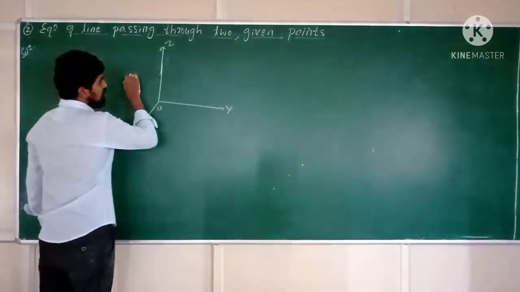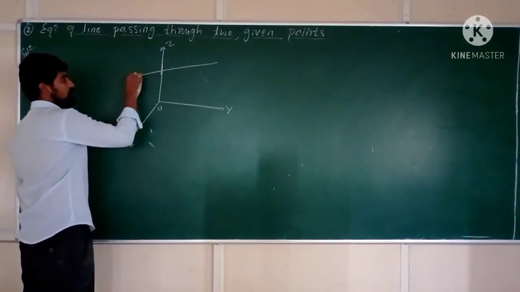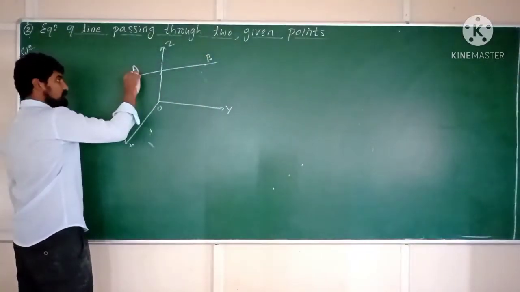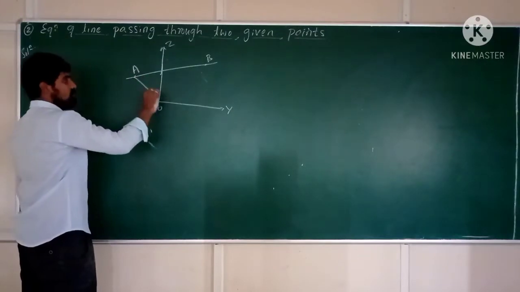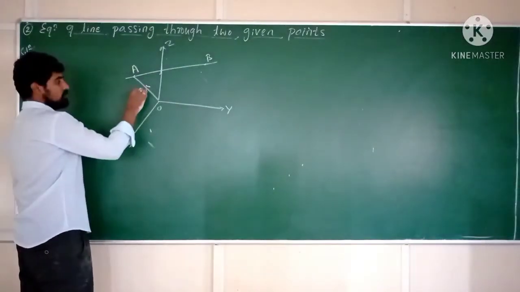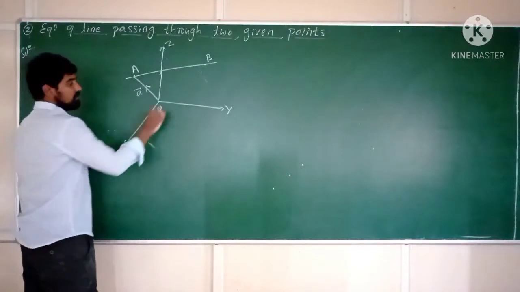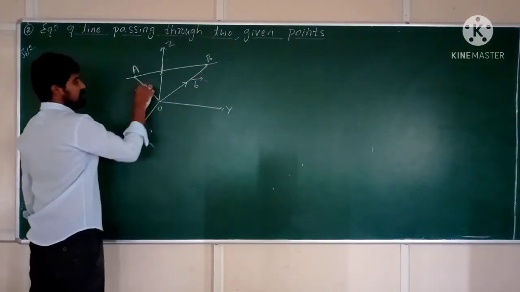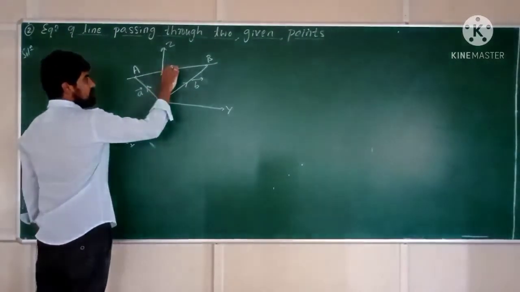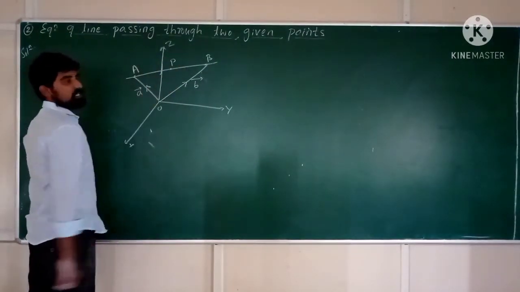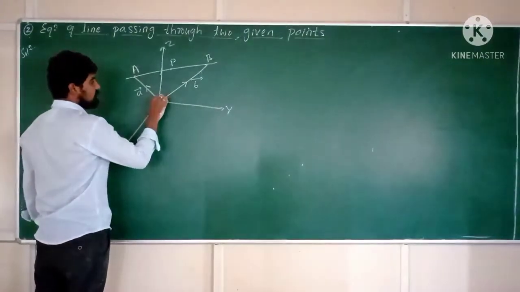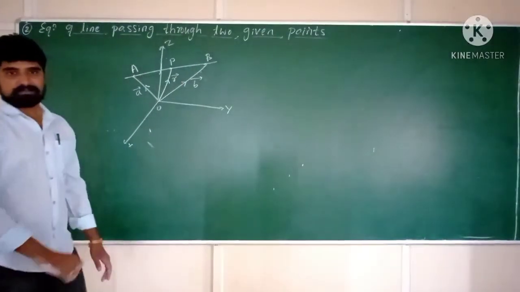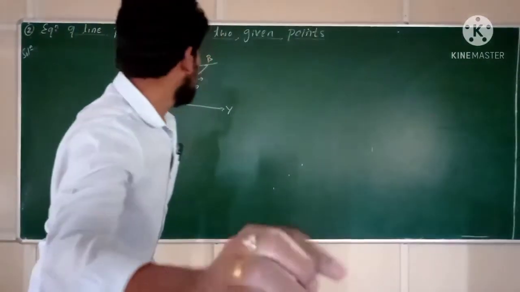So let us consider a line passes through 2 points A and B, whose position vectors are OA vector is equal to A vector, OB vector is equal to B vector, and let P be any point on the line whose position vector is OP vector is equal to R vector.